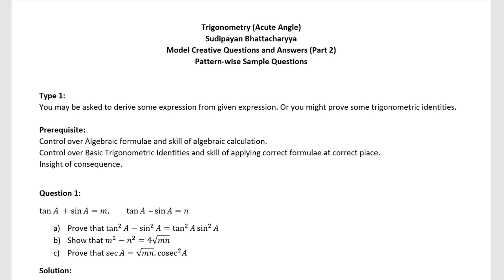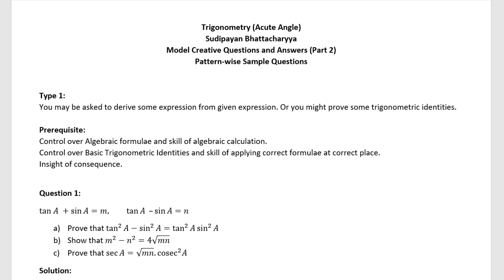And for the goal of the problem, which formula is the correct one. So you have to develop some insight of consequence. So how to fulfill this prerequisite? Firstly, forget all the creative questions.